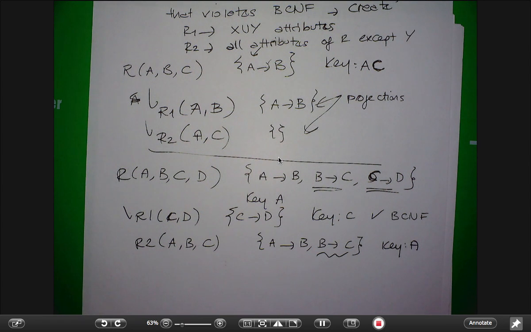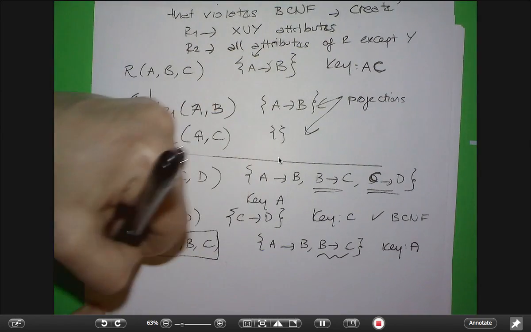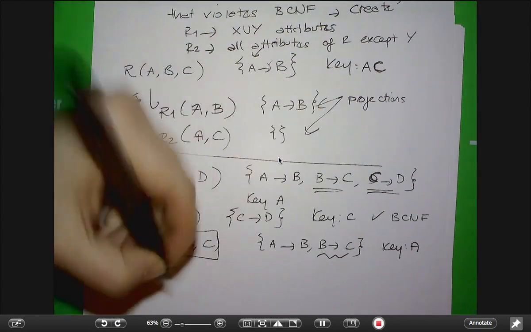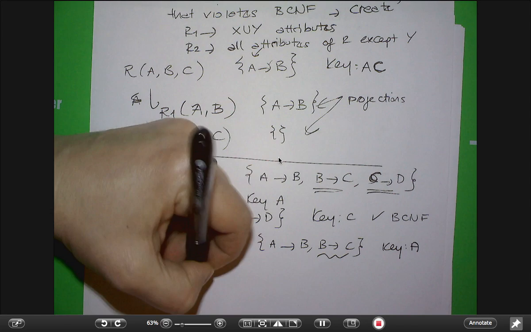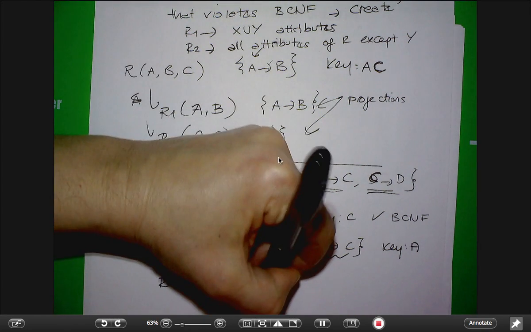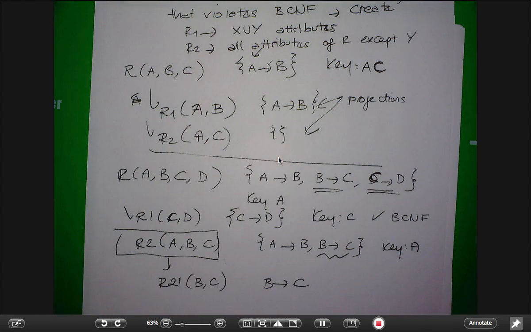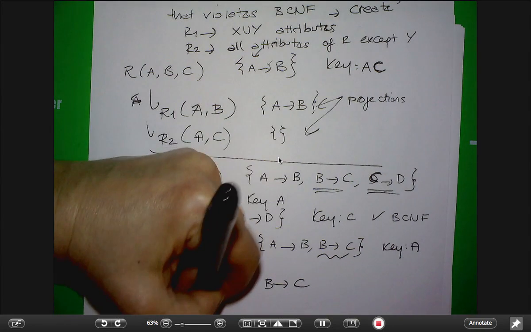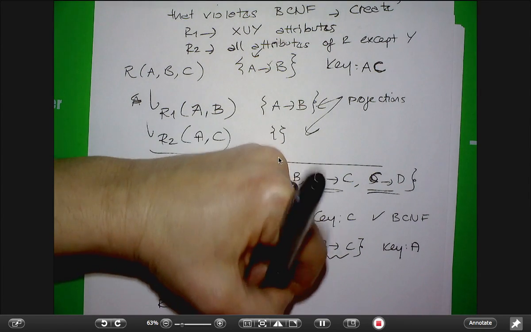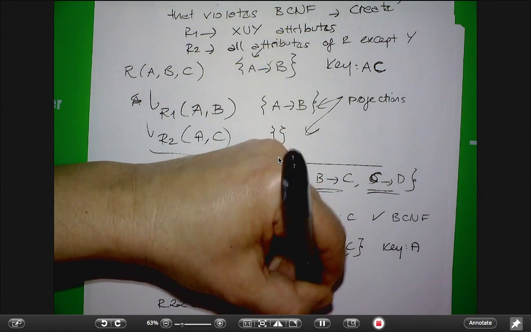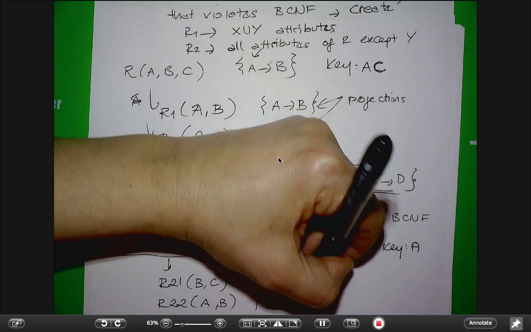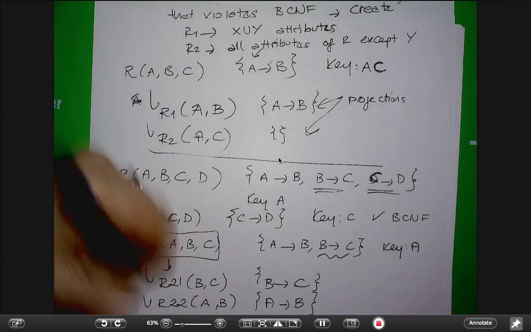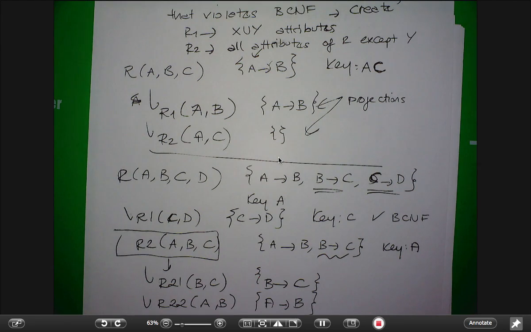So I have to decompose R2 again. So I'm going to decompose this into, let's call this R21, BC that has B implies C. And R22 is going to be A implies B, which actually has this one. This is in BCNF, this is in BCNF, so now I'm done.